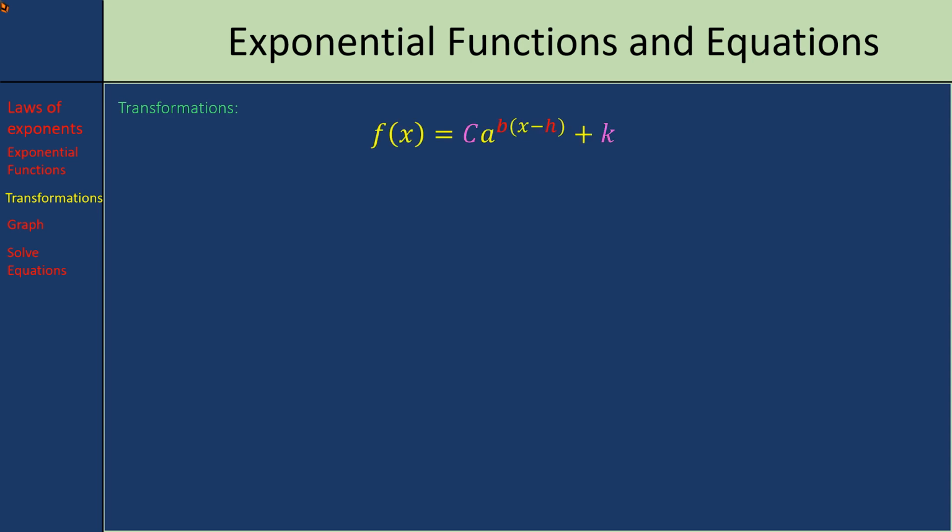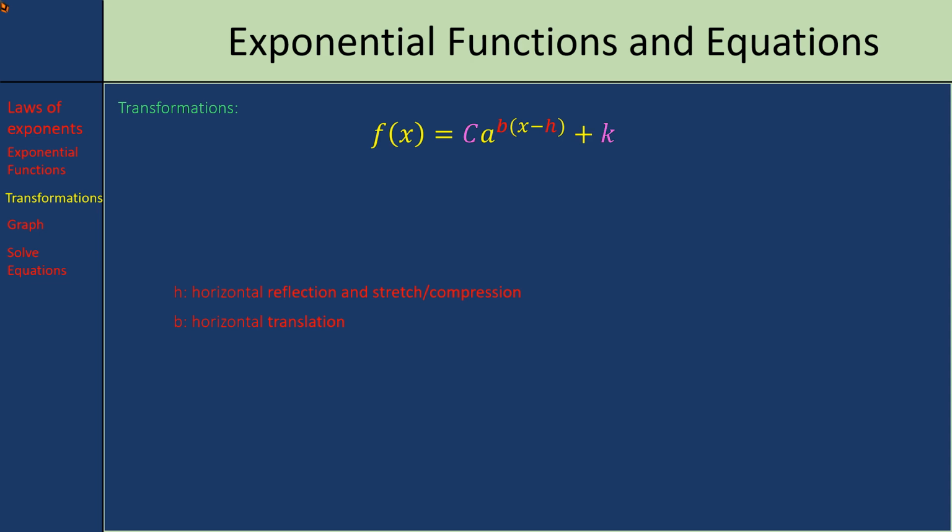So again, let's look at all the a, b, c, h, and k, just like when we talked about the transformations on our quadratic functions. There are two types of parameters.